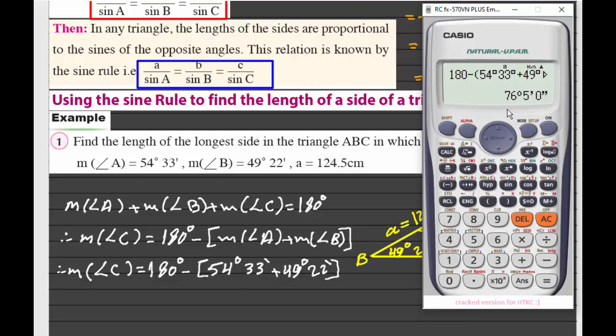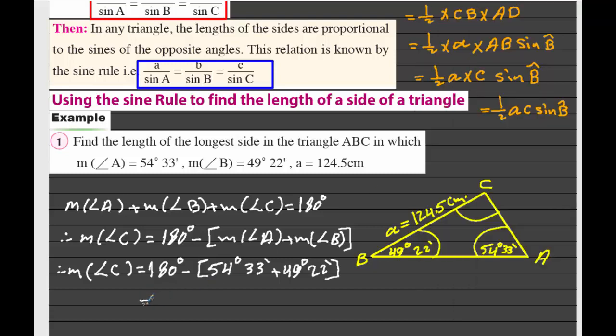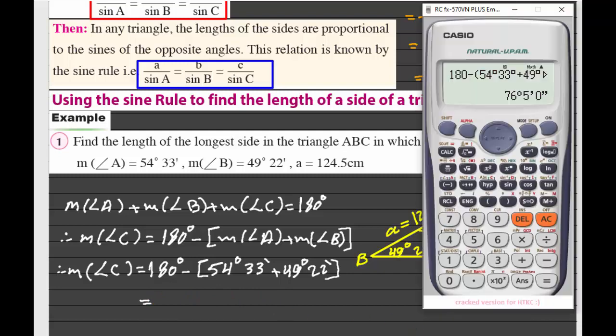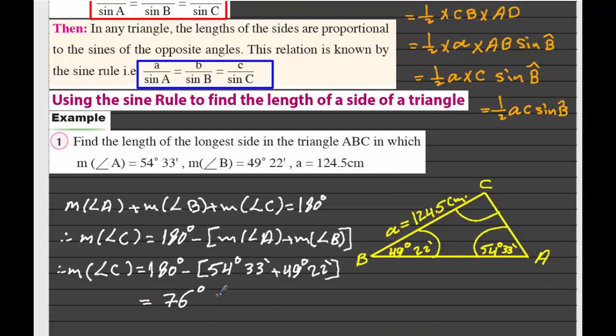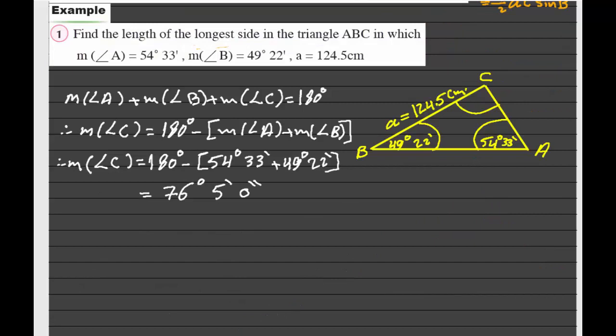We get 76 degrees and 5 minutes. So the measure of angle C equals 76 degrees 5 minutes 0 seconds. Okay, so I'll write it here: measure of angle C, 76 degrees and 5 minutes.